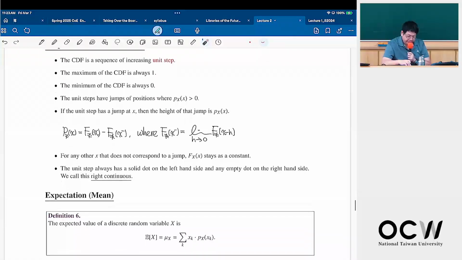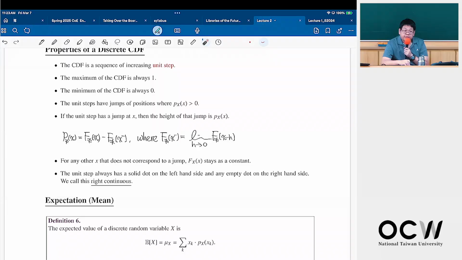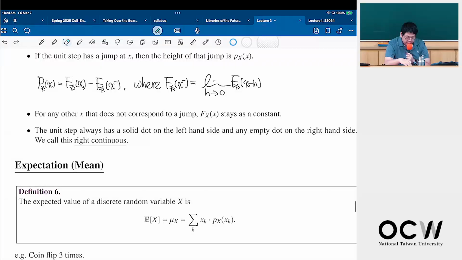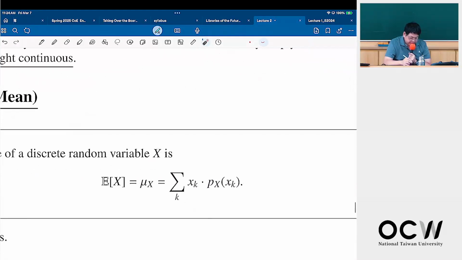And we'll also mention the mean. For learning a new type of random variable, we want to know their PMF, CDF, and their mean. The mean is the expected value. The expected value of a discrete random variable x is here. That means I consider all possible outcomes times their corresponding weightings.